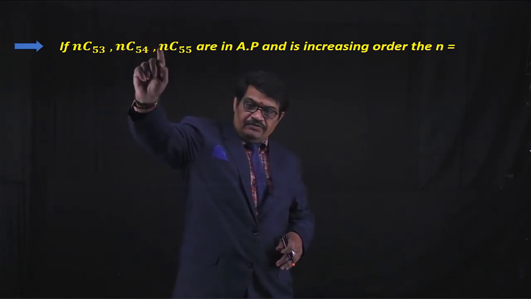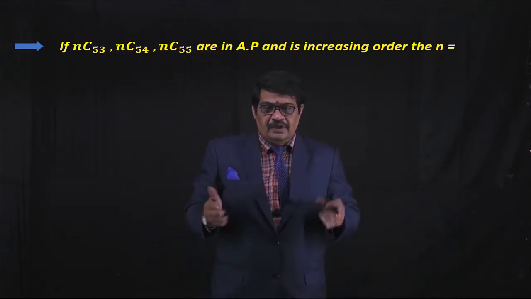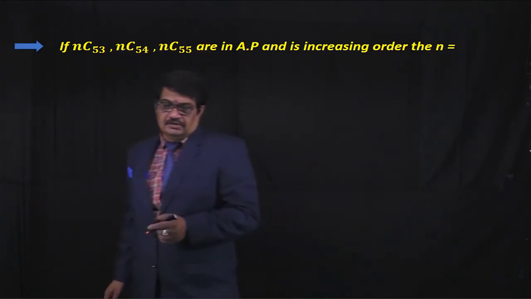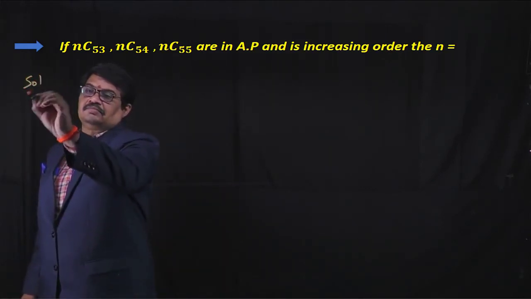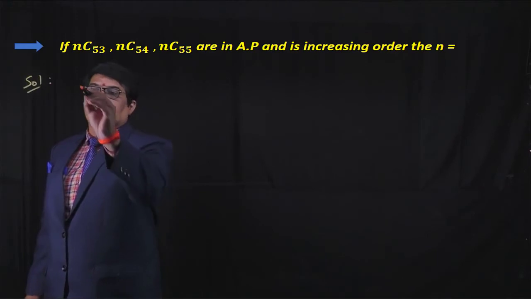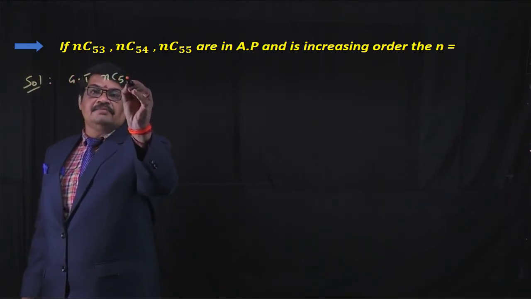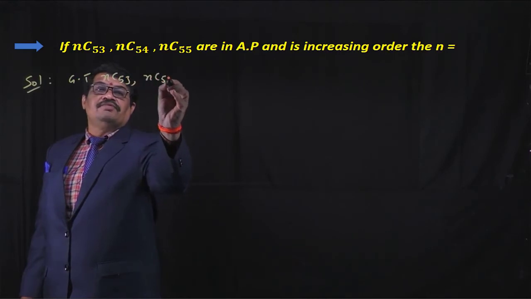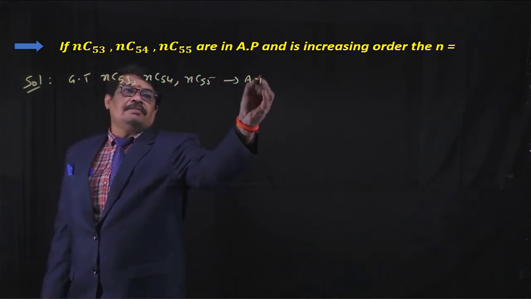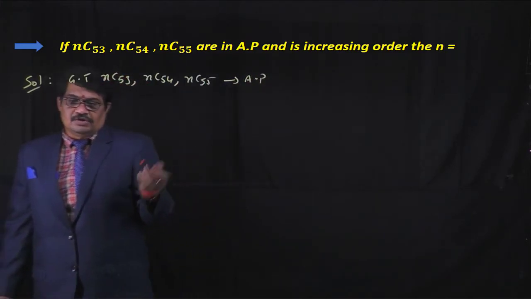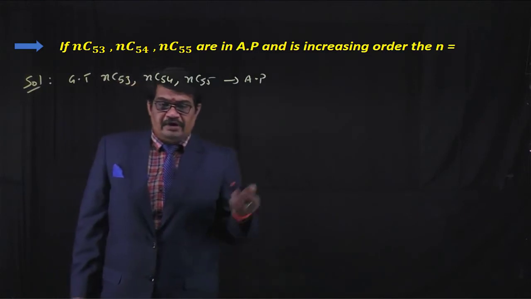So see the solution. Here given that nC53, nC54, nC55 are in AP. These three consecutive binomial coefficients are in AP, then we have to find the value of n.